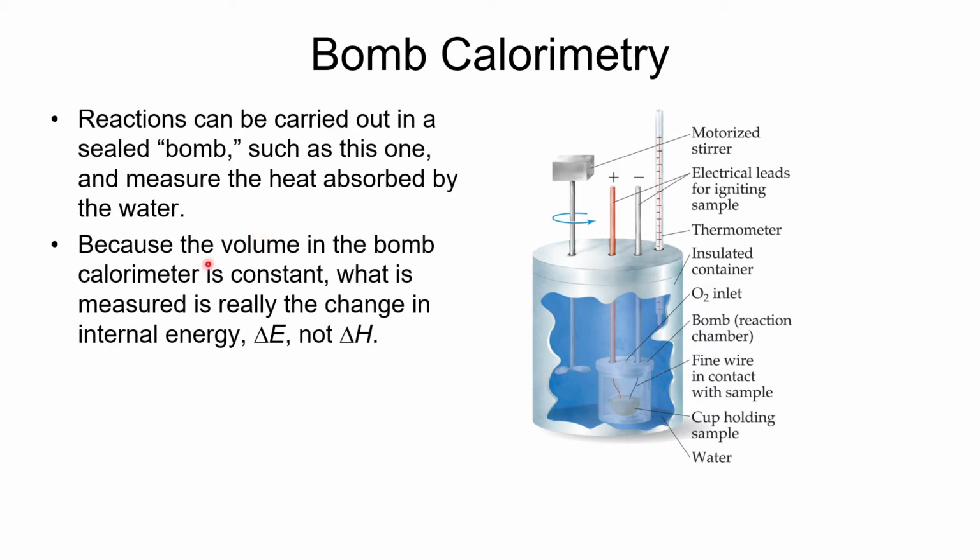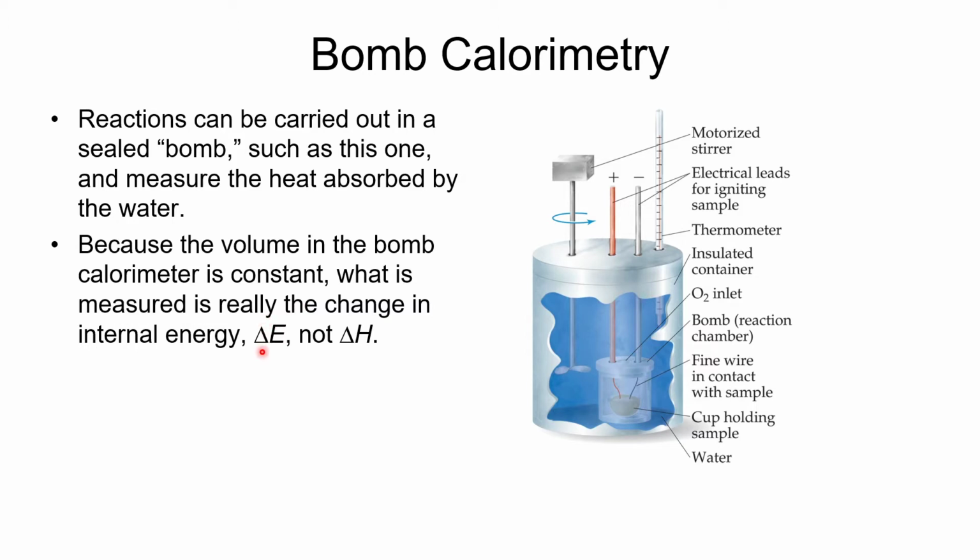Now, one thing that's a little bit different is because this is at constant volume, it's not going to be at constant pressure because some of the oxygen will get consumed, you'll produce carbon dioxide. So it's likely that the pressure inside of here will change, and we'll assume that it will change. What you're actually measuring is heat at constant volume, not heat at constant pressure.